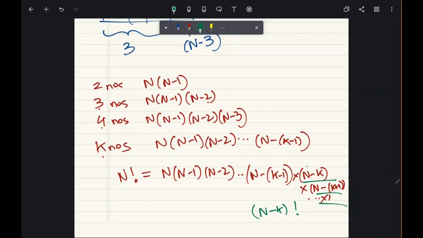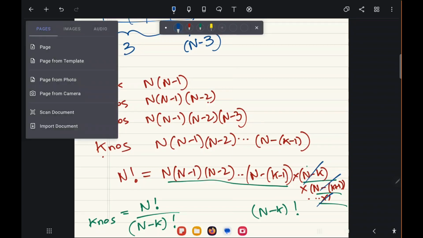So to choose k numbers, it's going to be just the first part, which is n factorial divided by n minus k factorial. So if we have n minus k factorial in the bottom, all the terms which we don't need are going to cancel out, and it leaves us with the part that we need.